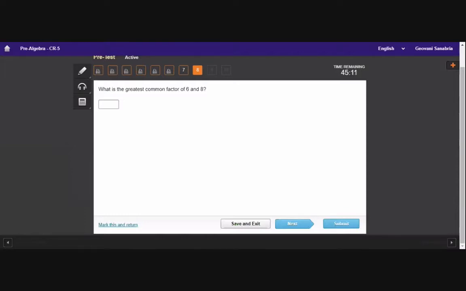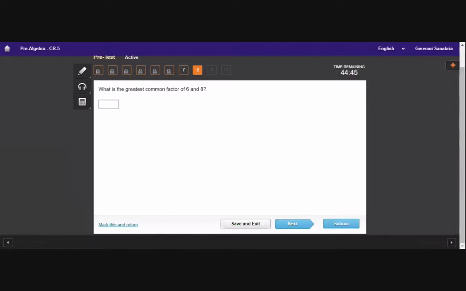Okay, so this is talking about factors. A factor is a number that you can multiply, right? The greatest common factor is the biggest number that goes into both of them. Because factors are like dividing, multiples are multiplying.